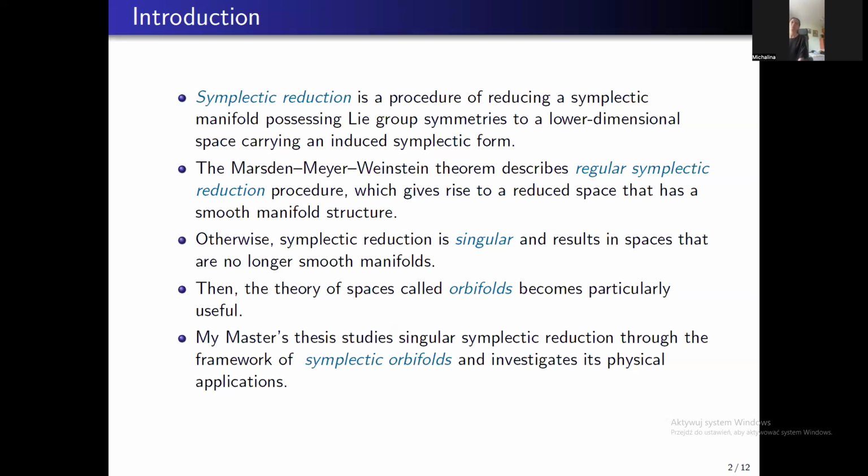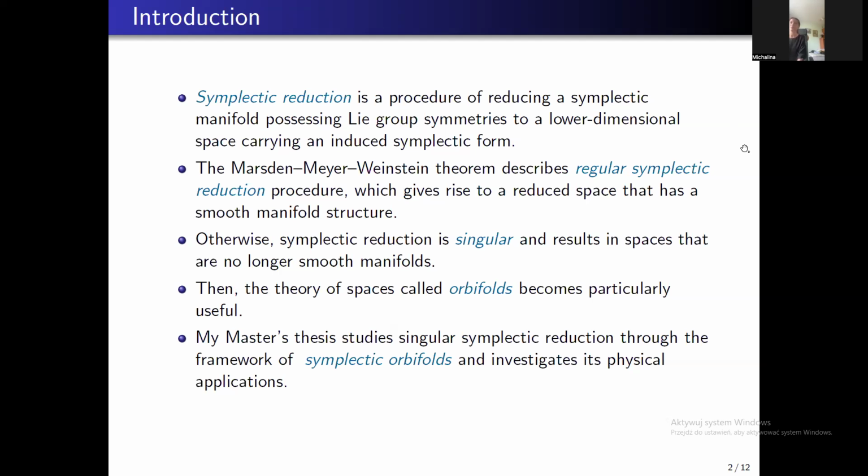Marsden, Meyer, and Weinstein established the theorem that describes the regular symplectic reduction procedure. In this regular case, the reduced space has the structure of a smooth manifold.